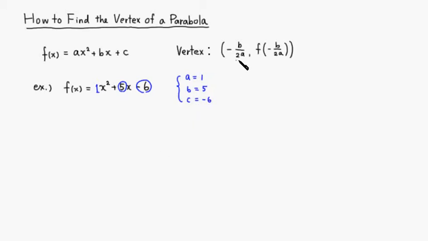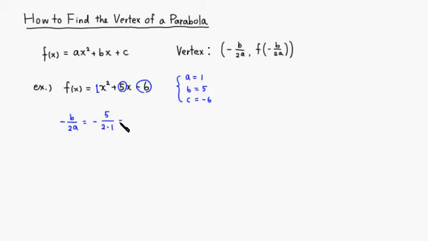So let's find the x-coordinate, which is negative b over 2a, which is equal to negative B, in this case 5, over 2 times a, in this case 1.